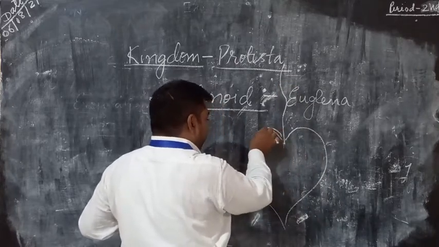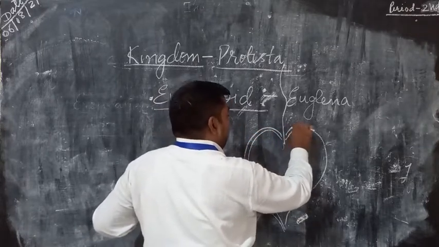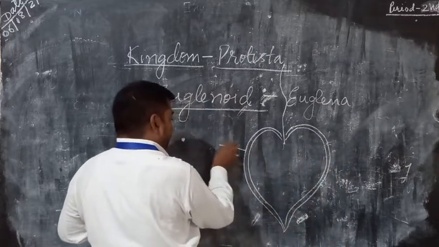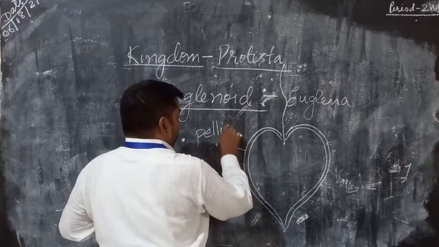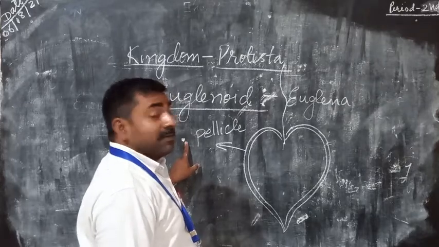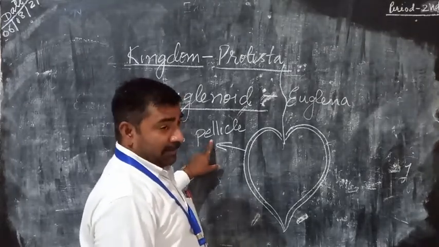In place of a cell wall they have another layer called the pellicle.